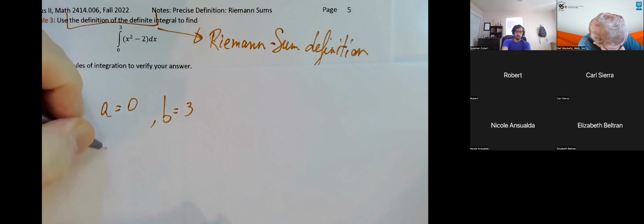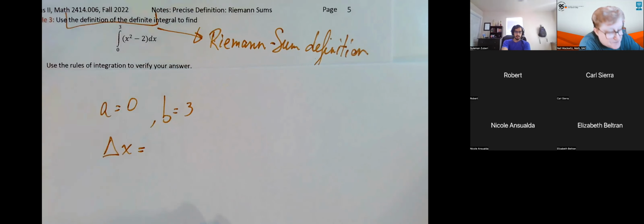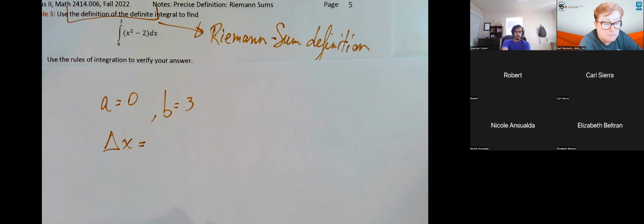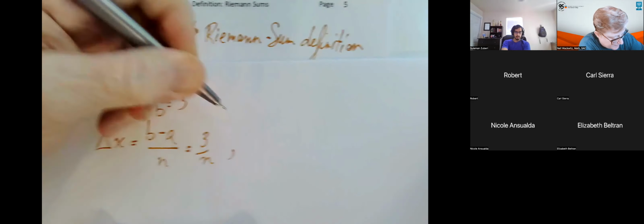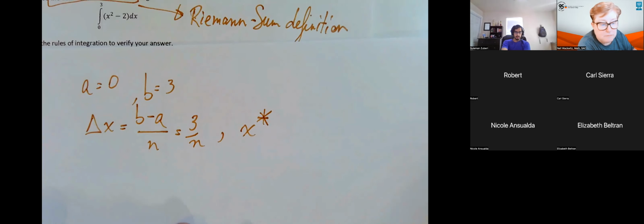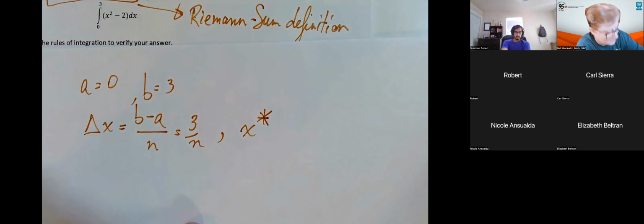Excellent. And that means that delta x is 3 over n. I'm going to go ahead and write b minus a over n, which will be 3 over n. And what does that mean that x star will be? 3 over n times i. Very good.